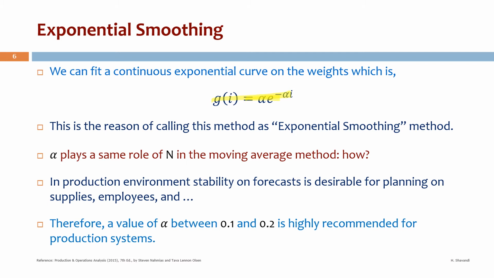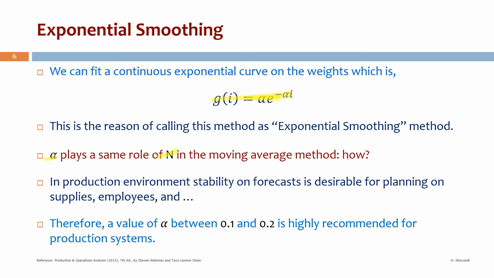We can also say alpha in exponential smoothing plays the same role as n. How? If we consider a higher value for alpha, then we are going to assign more weight to the recent data and less weight to the past data, right? And if we consider a lower alpha, we are going to assign higher weight to the past data.